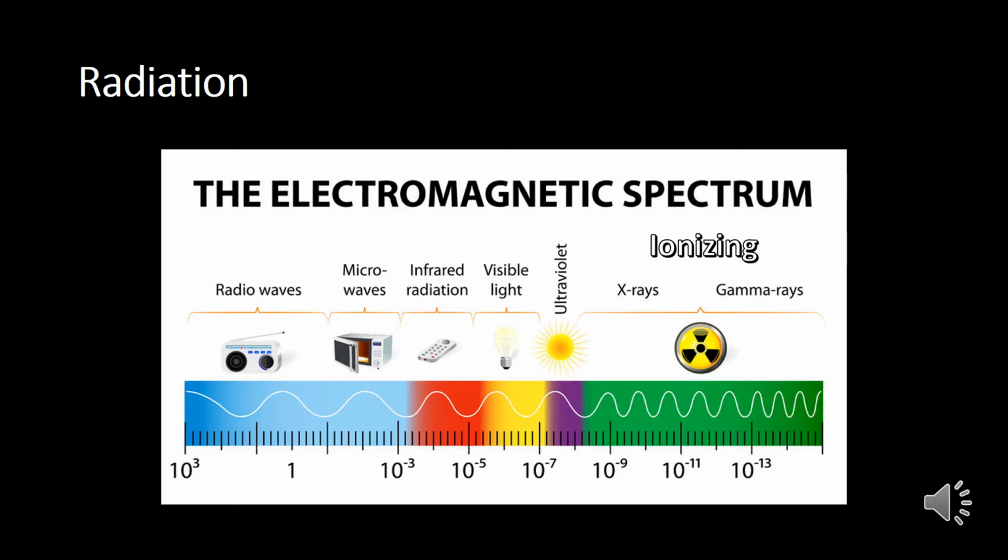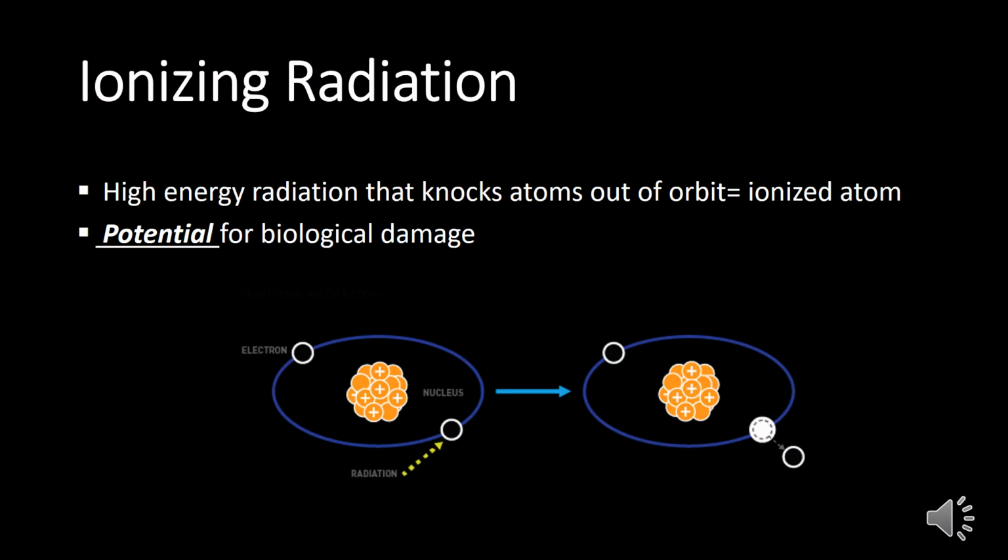Radio waves and microwaves on the other end of the spectrum have low energy. It's still radiation, but it's non-ionizing. It does not have enough energy to knock an electron out of orbit. So it's this ionization that causes the potential for biological or cellular damage.